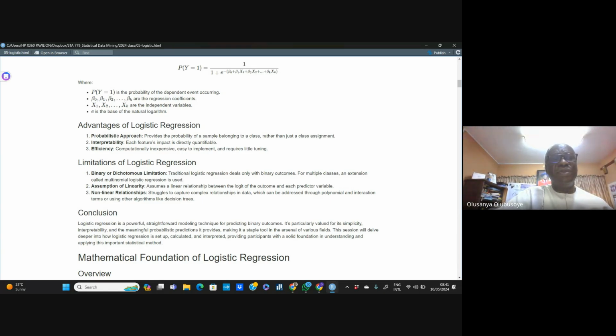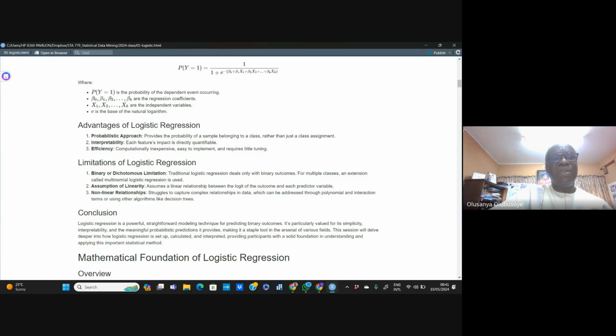Again, when it comes to the ability to interpret, it's easy to quantify the impact of each independent variable on the probability. So in other words, from the estimation of the coefficients, you are able to assess the impact of the variables on the probability.